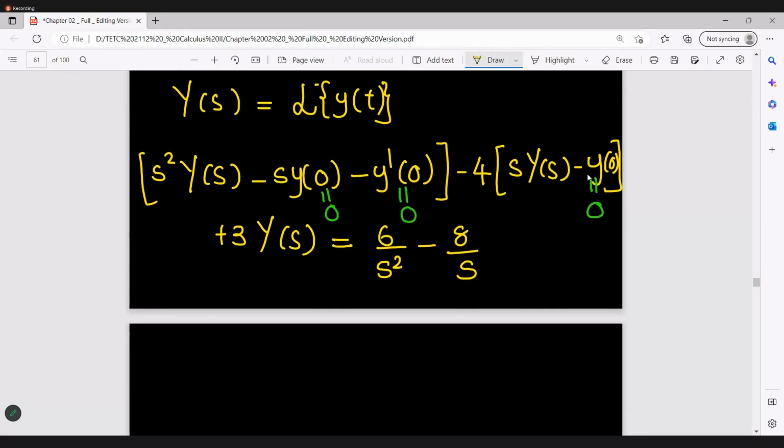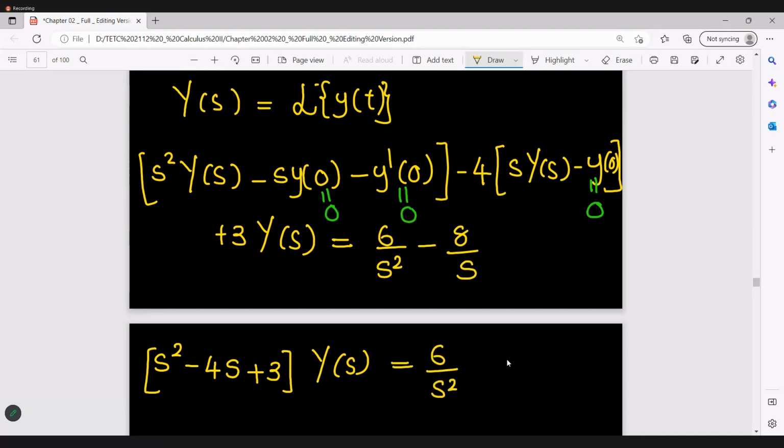So you will obtain the expression s squared minus 4s plus 3 times capital Y of s, minus 0 times s, minus 0, plus 4 times 0, which is 0. This is equal to 6 over s squared minus 8 over s.